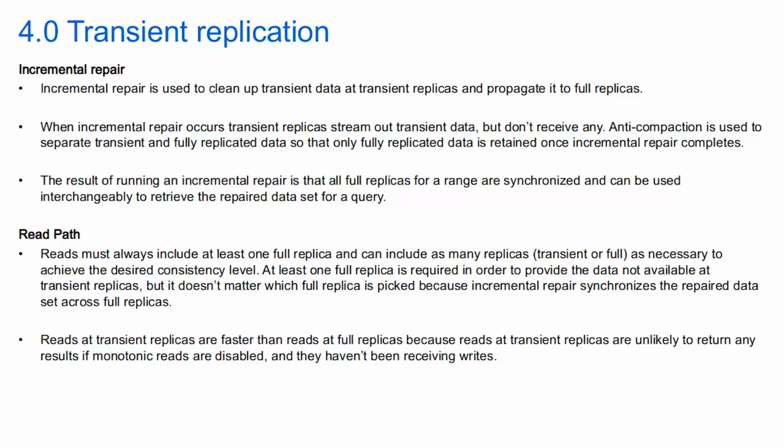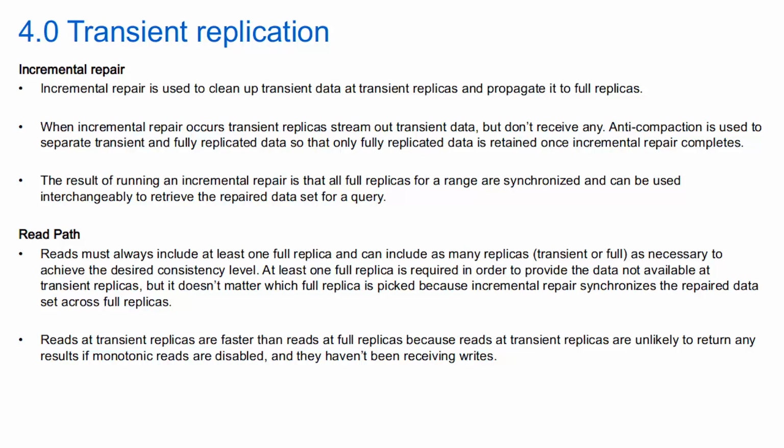At least one full replica is required in order to provide the data not available at transient replicas, but it doesn't matter which full replica is picked, because incremental repair makes sure that the data sets across full replicas are exactly the same. So it doesn't matter which full replica you read from, you're guaranteed to get the data.